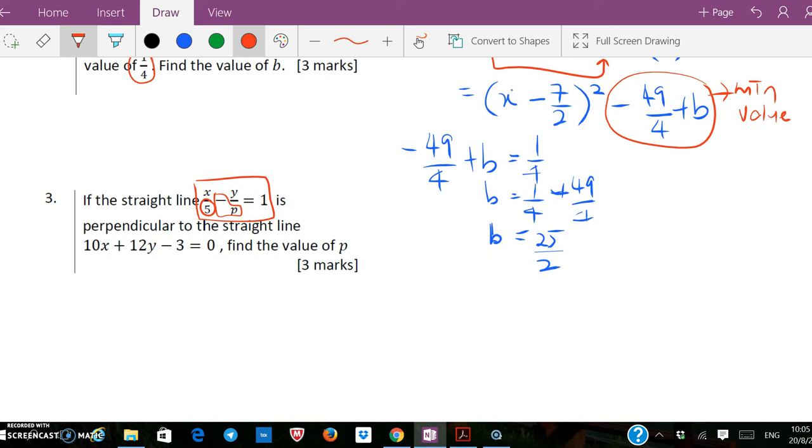The gradient is not only (y1 minus y2) over (x1 minus x2), it can also be m equals negative y-intercept over x-intercept.